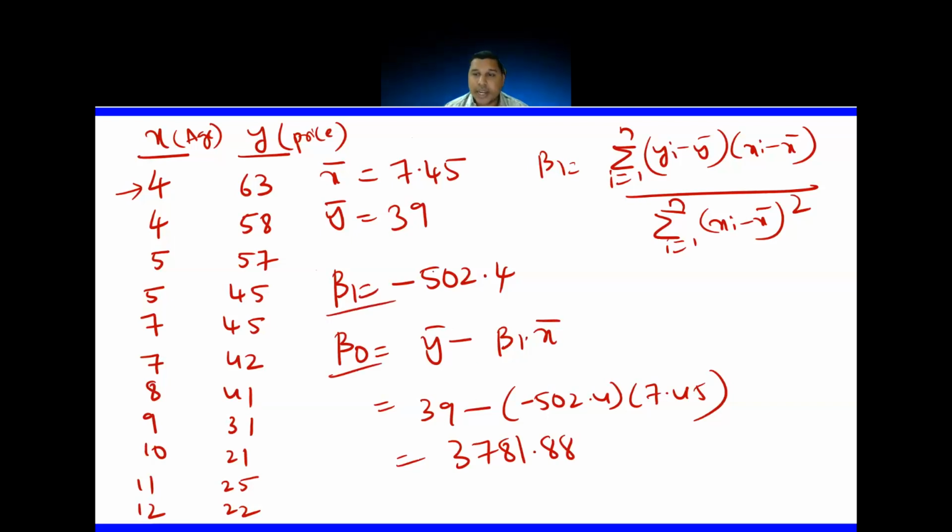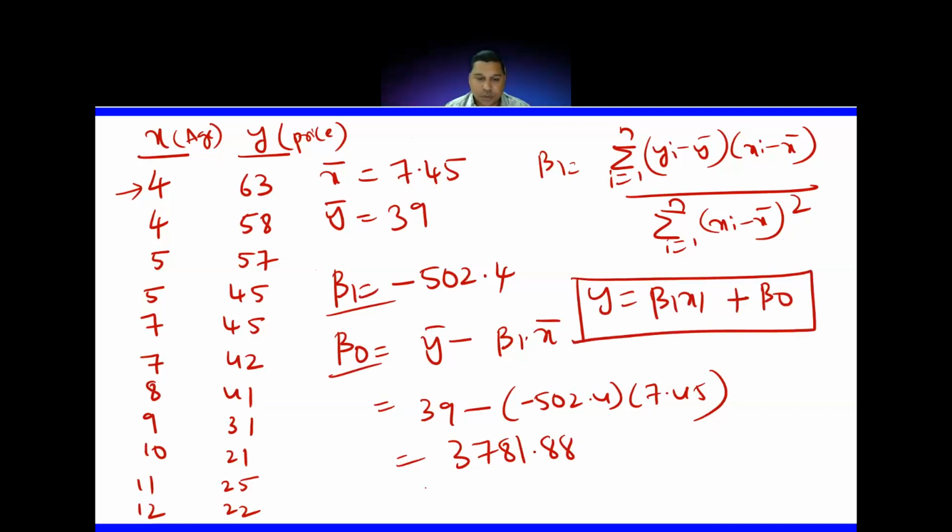What is your equation here? Line equation, y equal to beta 1 x1 plus beta naught. So this forms your regression equation. Here, y equal to minus 502.4x plus 3781.88.